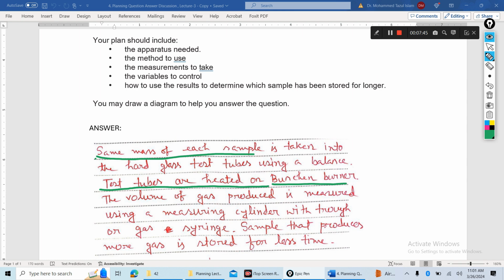Or the gas that is produced is measured using a gas syringe apparatus or using a measuring cylinder with trough. The sample that produces more gas is stored for a short time. The sample that produces less gas is stored for a long time. This is the result.